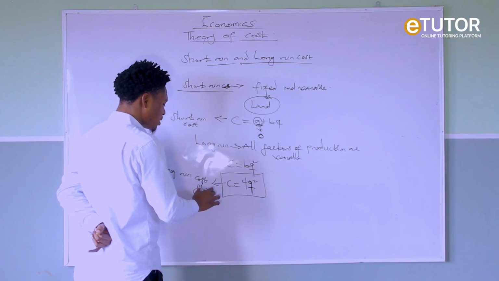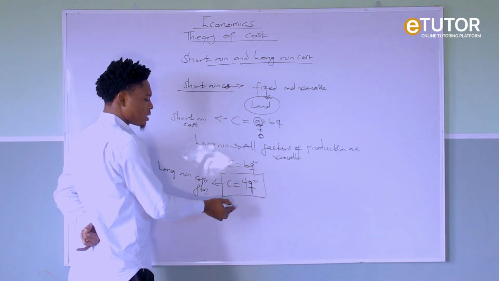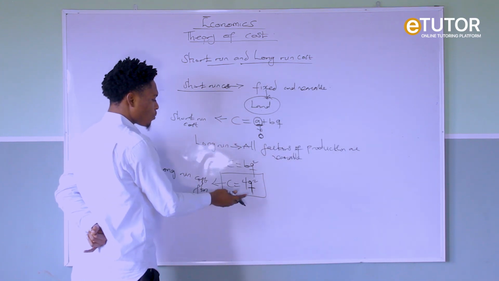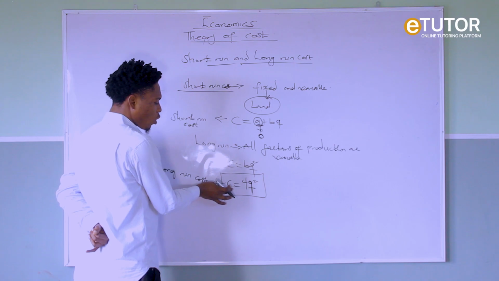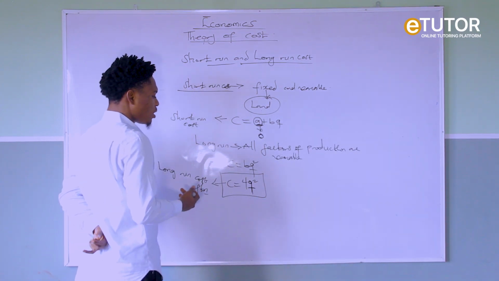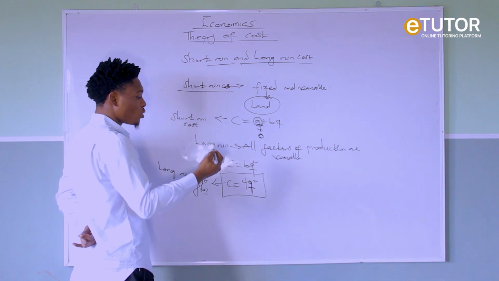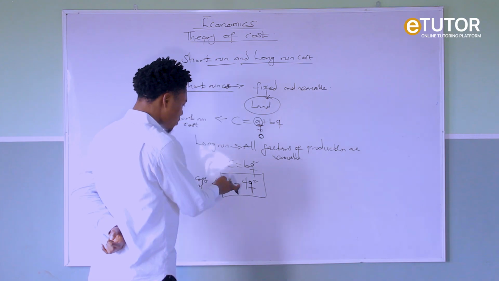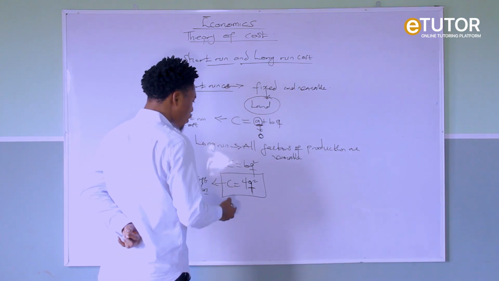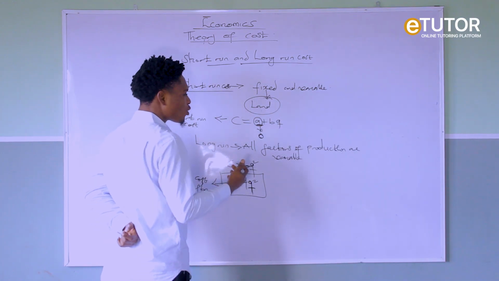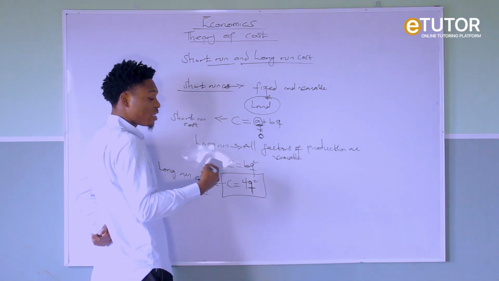Why? Because there is no constant. Even if there is, the constant is 0. So when you have your cost in this form, it simply means it is a long run cost. So from this point, if I'm to get my marginal cost, since it is not linear, it cannot be the same as my average variable cost.